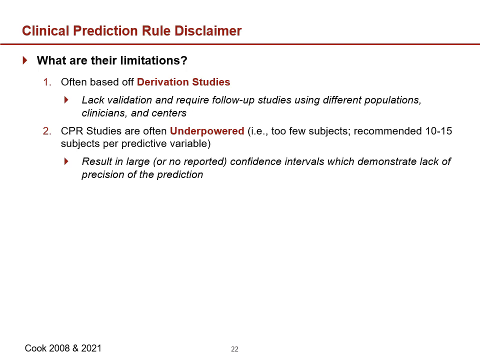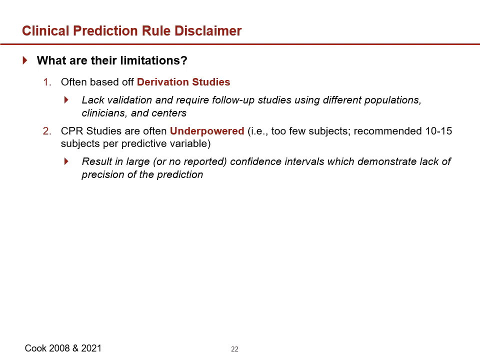The second, the CPR studies are often underpowered, meaning that there are too few subjects. It's often recommended that you need at least 10 to 15 subjects per predictive variable within the CPR. So if you have, for instance, 5 predictive variables, you need anywhere between 50 and 75 patients.